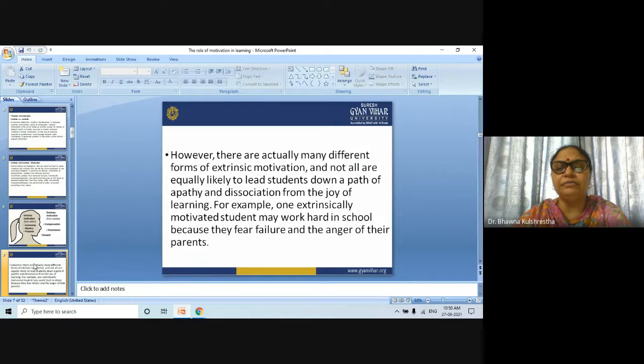Another may study hard because they see the value of the content in helping them work toward their dream of becoming a doctor. Neither student in these examples is intrinsically motivated. Their goals lie outside the simple enjoyment of the activity.